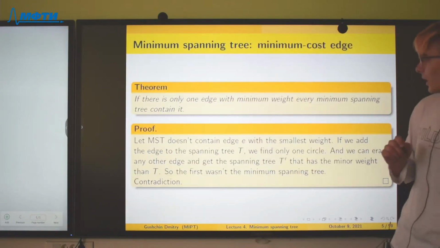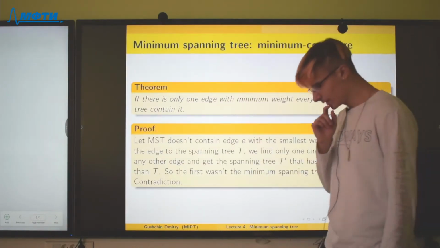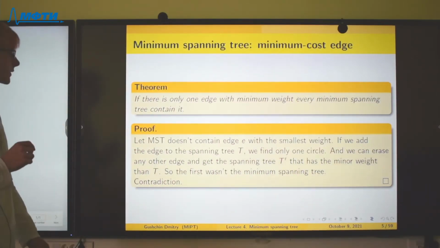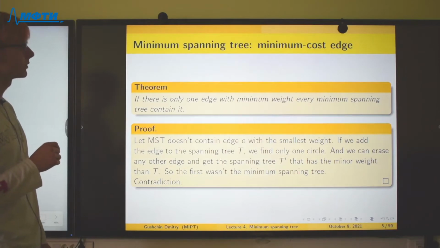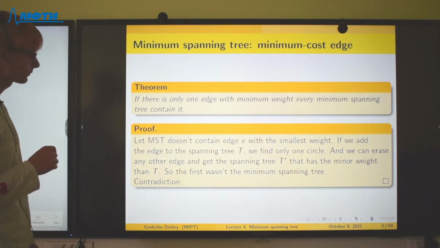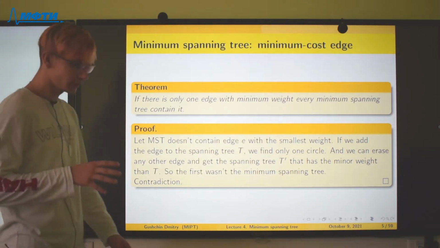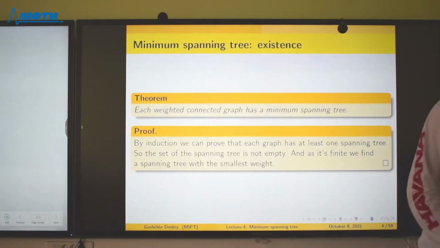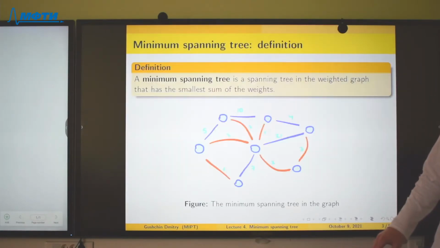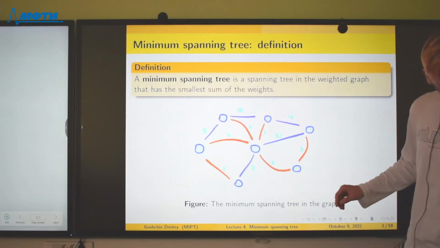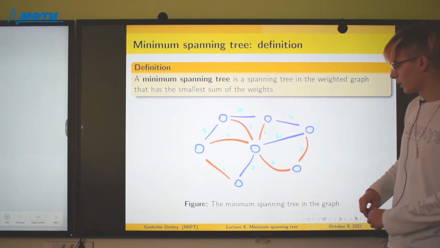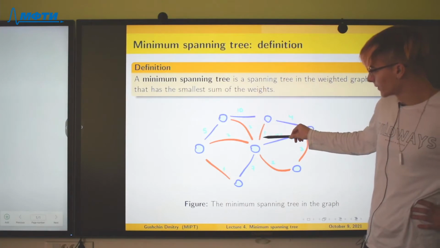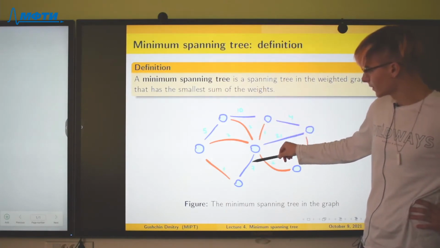So, firstly, we'll talk about some properties of minimal spanning trees, and firstly about the minimum cost edge. For example, we can see in the previous slide that in this graph we have two edges with the minimal weight. This is the first and this is the second.